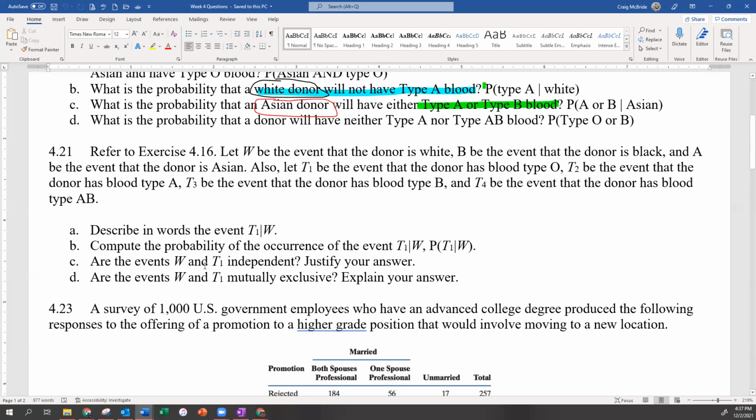So basically, you need to calculate the probability of having type O blood, and then calculate the probability of having type O blood, given that you're white. And if those two probabilities are the same, then they're independent. If they are not, then they are not independent. That's how you would prove part C. That's how you would justify your answer.